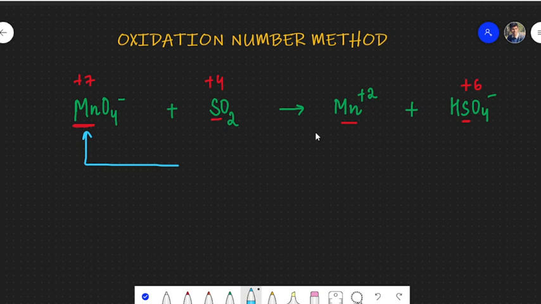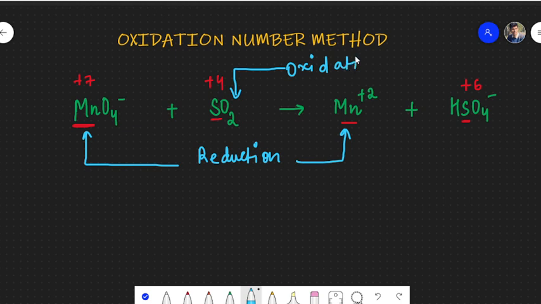Here Mn goes from +7 to +2, so reduction is occurring, because the oxidation state of manganese goes from +7 to +2. It is reduced. Now sulfur goes from +4 to +6. By definition, an increase in oxidation state is oxidation, so here oxidation is happening. So let's write this as oxidation. This is step number 2: we have to identify where oxidation and reduction are happening.